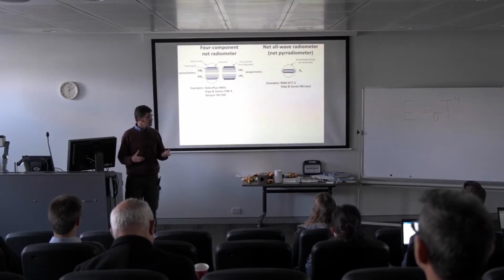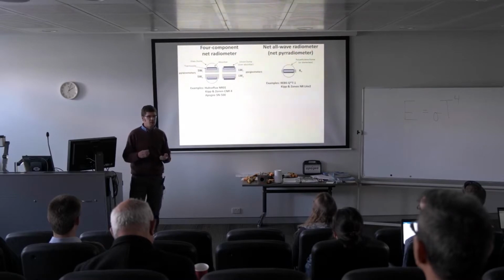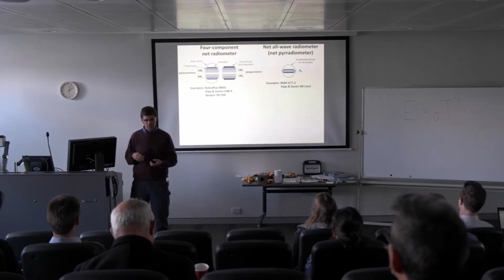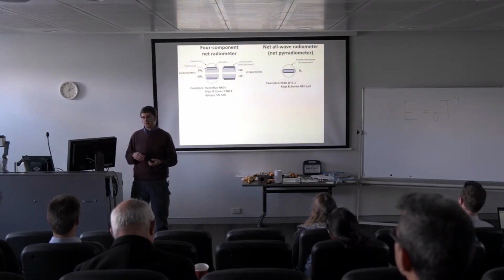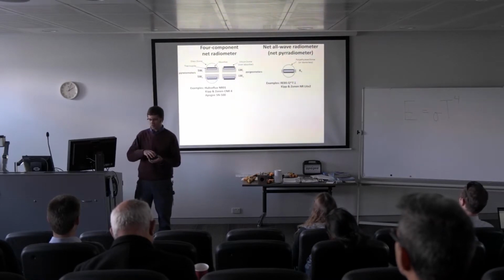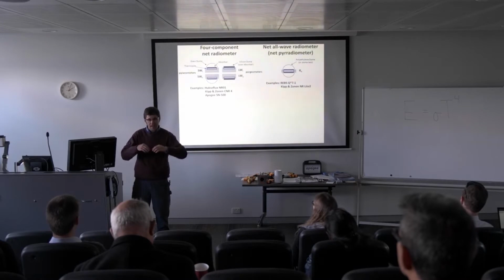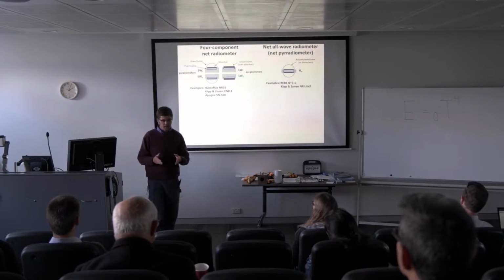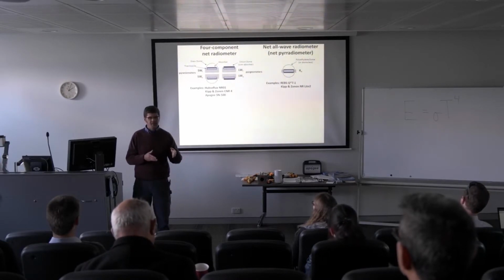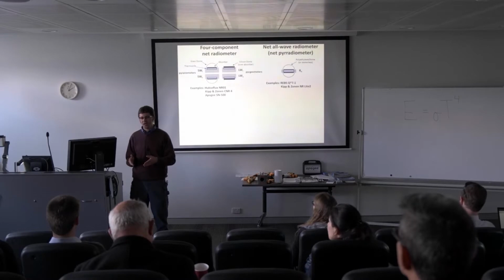So the real challenge of polyethylene domes is they're flimsy, and you often have to keep them pressurized in order for them to not collapse. At the same time, polyethylene is better at transmitting shortwave than it is at transmitting longwave.